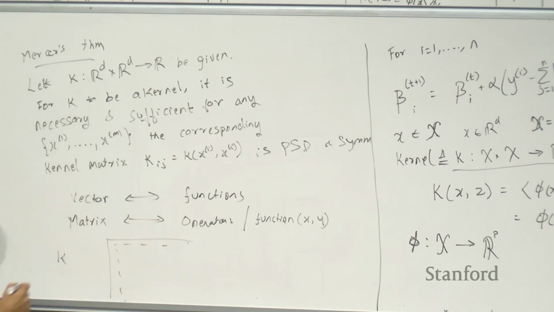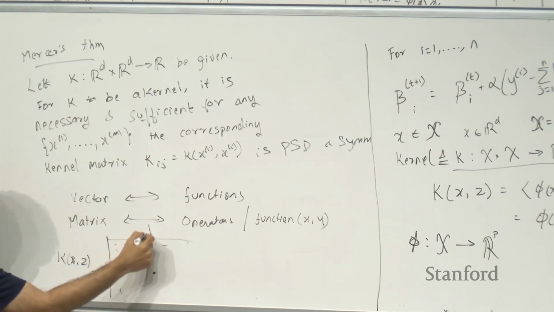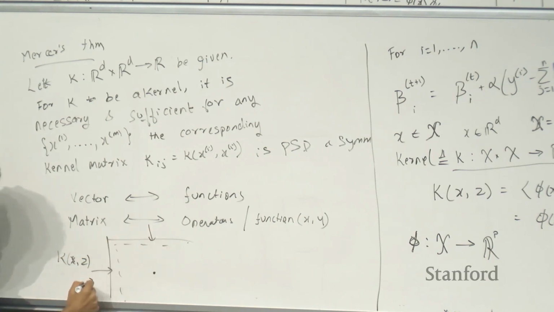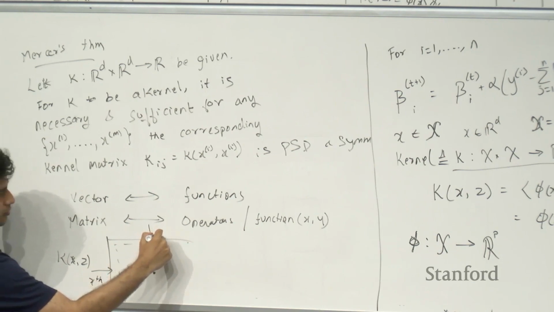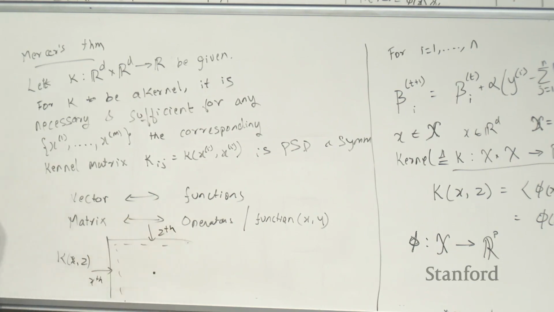And K of, let's call it, x comma z evaluates to some value, where on one axis consider the xth row, and on the other axis consider the zth column. Imagine this to be a two-input function.